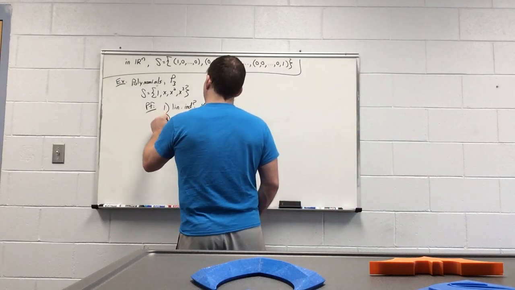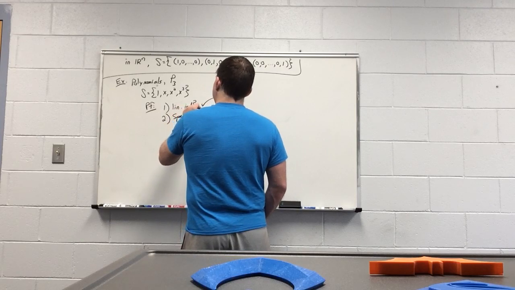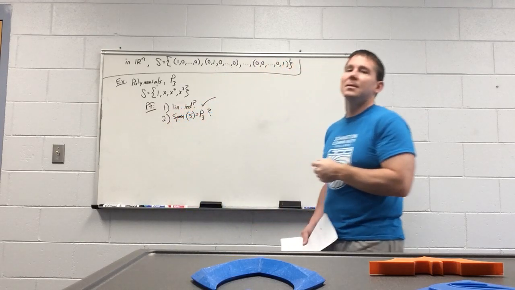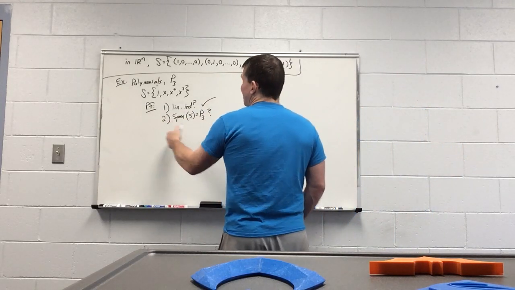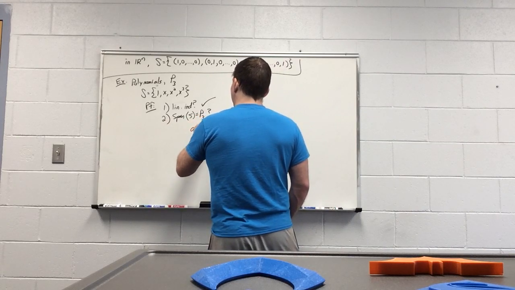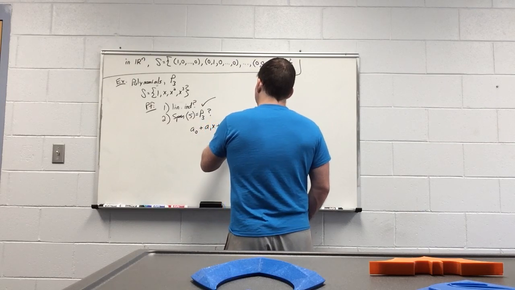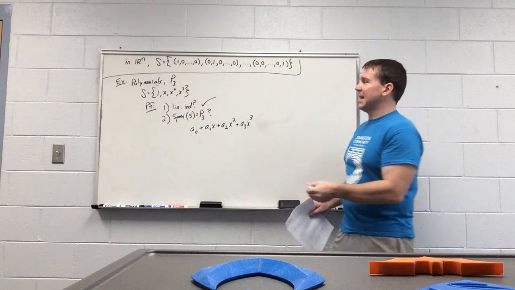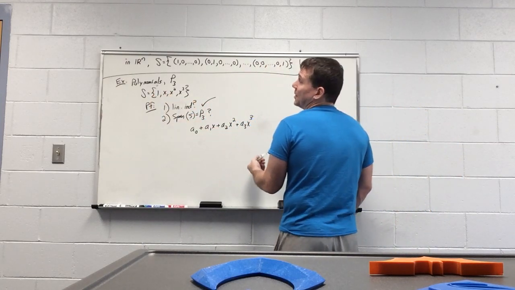Second, the span of S is equal to P3. An arbitrary vector in P3 is a sub 0 plus a sub 1 x plus a sub 2 x squared plus a sub 3 x cubed. But that's literally exactly what I would get from these vectors.